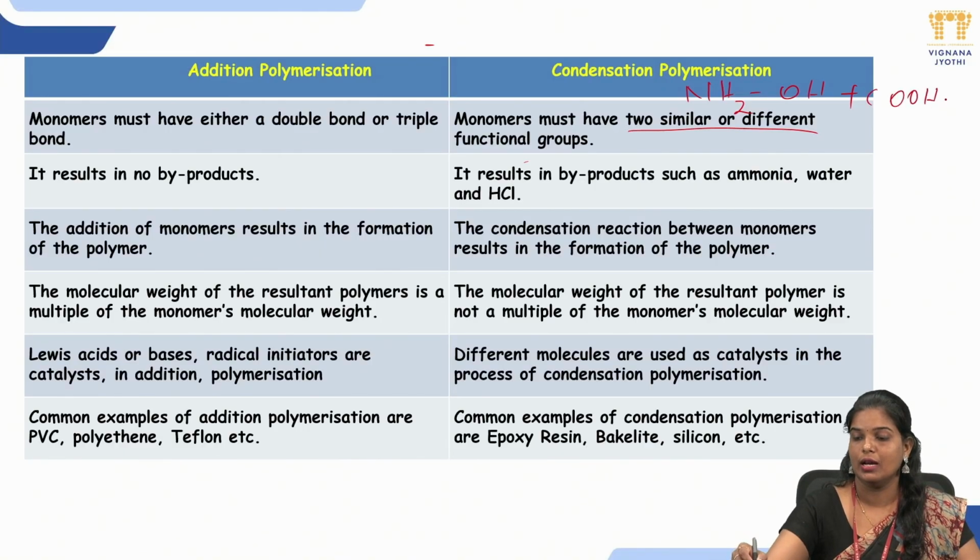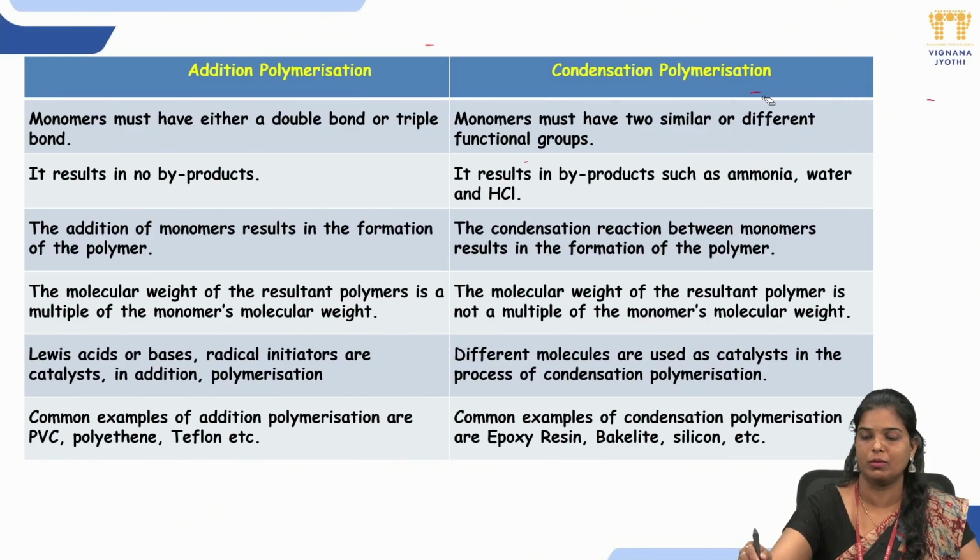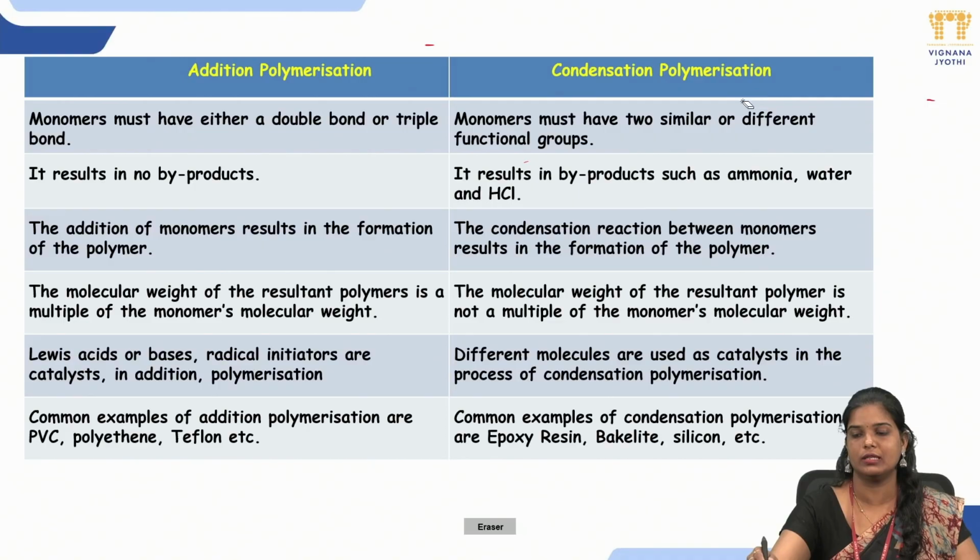So what was happening? OH from this and H from this was getting removed as a water molecule. So different functional groups should be there. It can be two different functional group materials or two different monomeric materials. So that is the first point of differentiation.